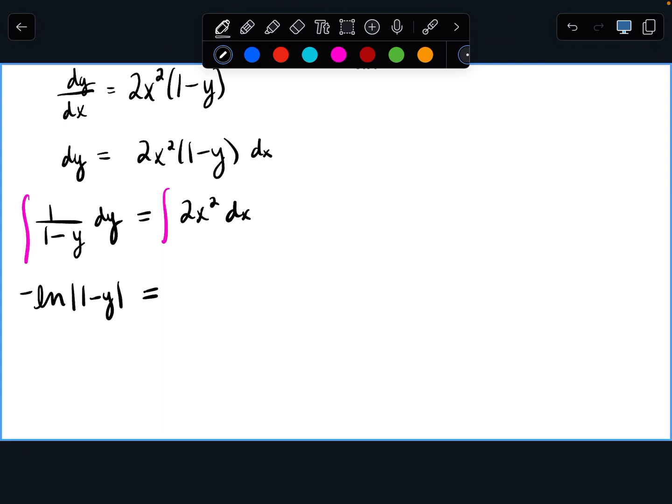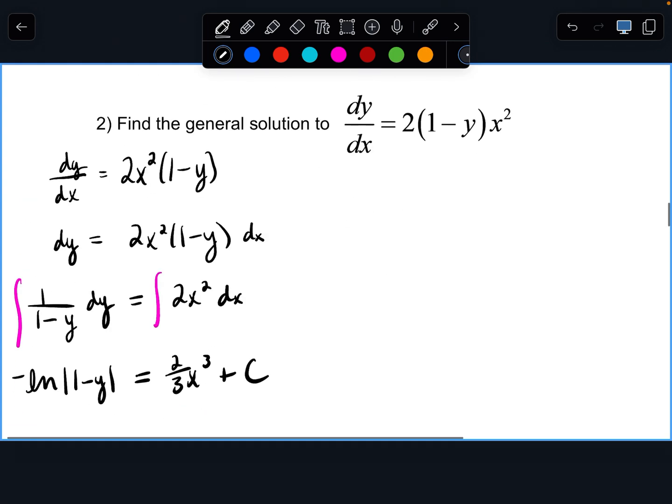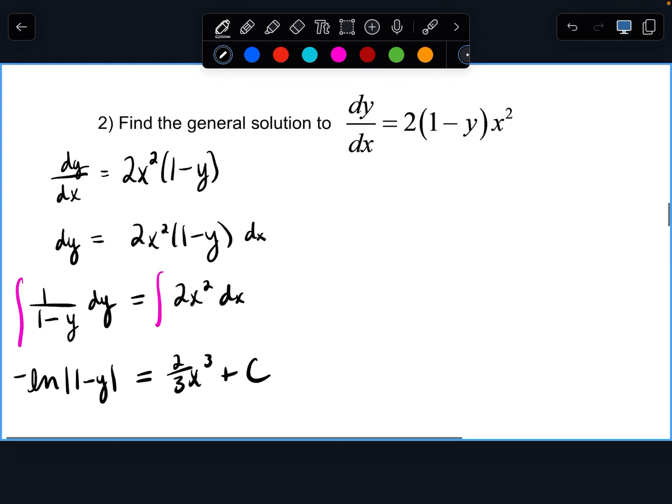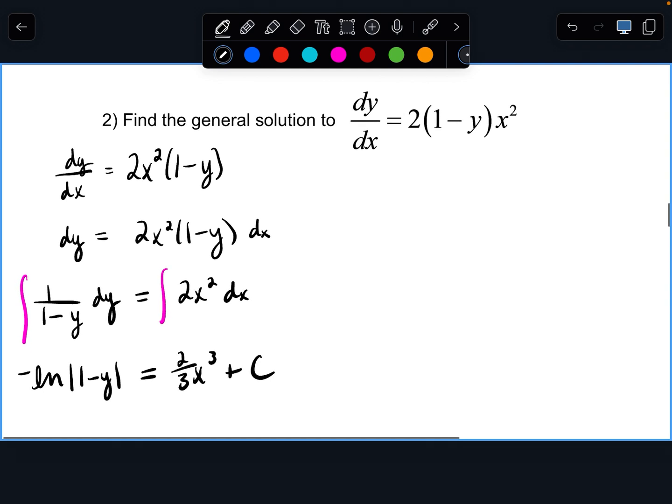We should get to a point that we can do that without having to do anything else. The reason it's negative is because it's the minus y part. And then 2/3 x cubed plus c, and then you're like, stop, find c. Just kidding, there's no initial condition, they're wanting the general solution.